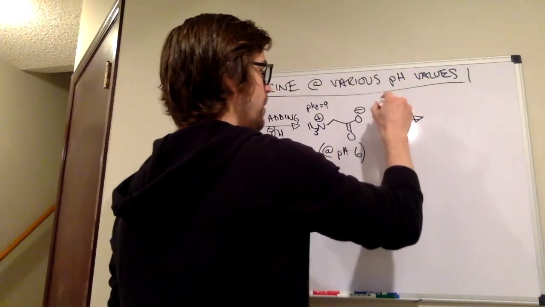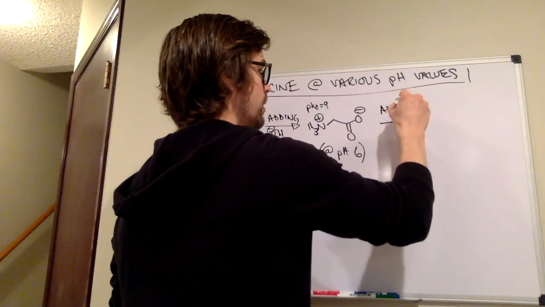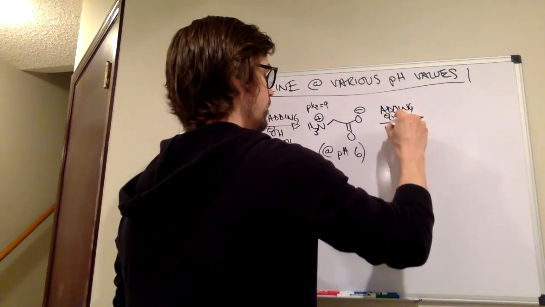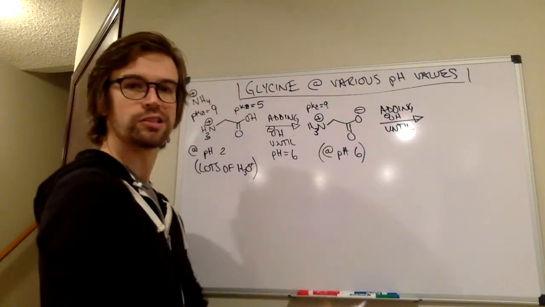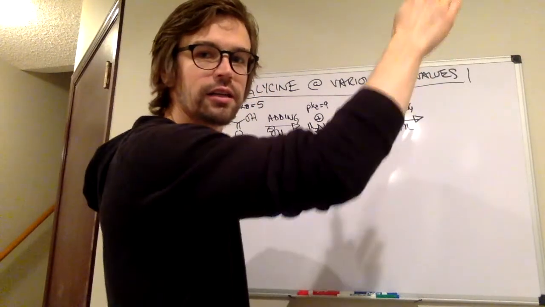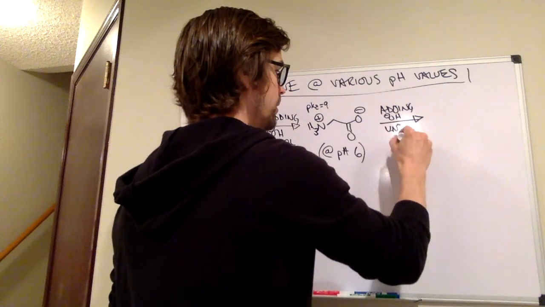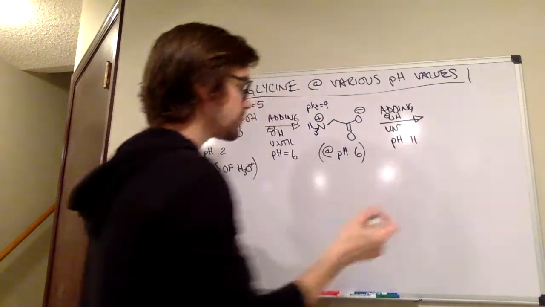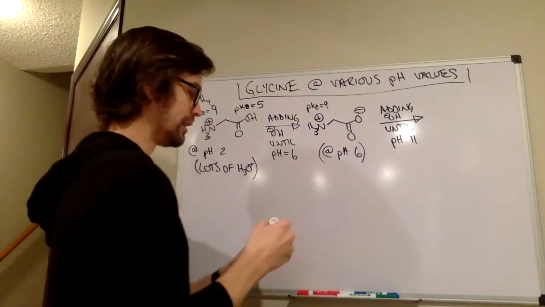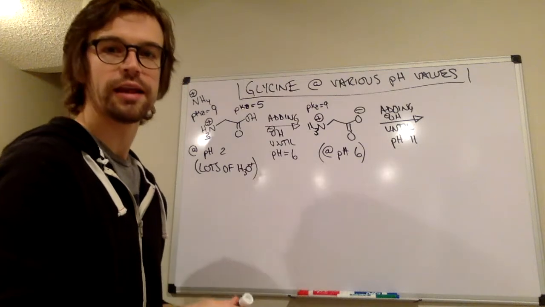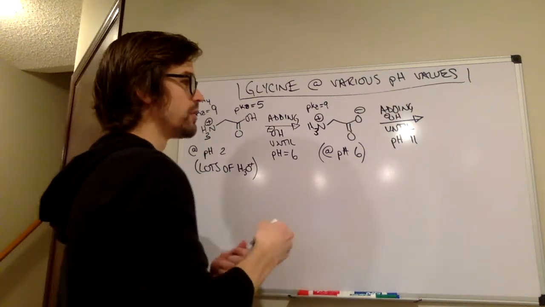So if we keep on adding OH minus, we'll just dump a bunch of OH minus in. And when we do that, adding OH minus until pH of 11, there's going to be lots of OH minus around, enough to deprotonate that NH3.